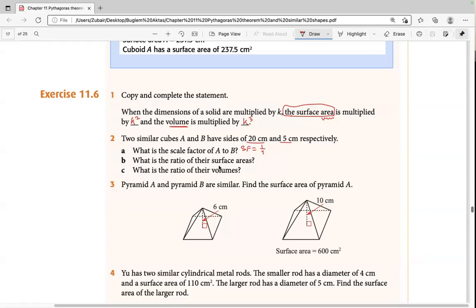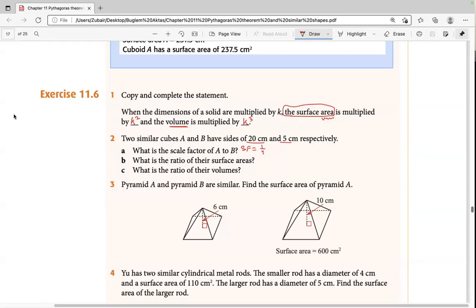What is the ratio of their surface areas? It's going to be 1 by 8. No. See this.